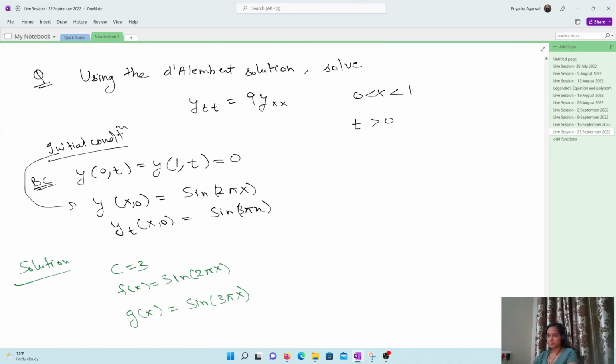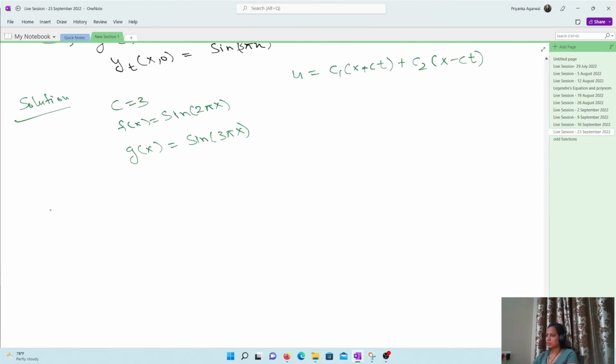Okay. So basically, how shall we proceed in this case now? Anyways, we know that the general solution is c1(x − ct) + c2(x + ct). And we already know c is 3.